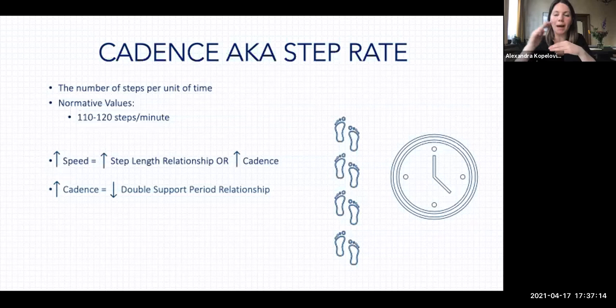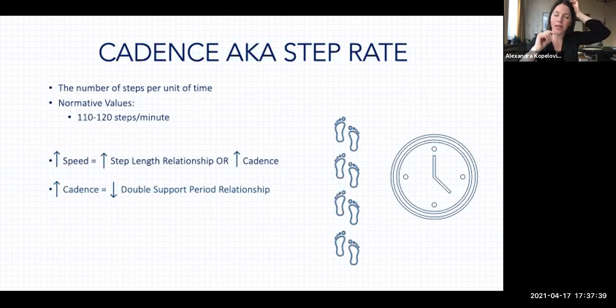But once we pass the mark of 180 steps per minute, we can't take very long steps because we're going to start tripping and falling, and that's also energy inefficient. So our step length plateaus. We maintain the same step length, but we start increasing cadence.